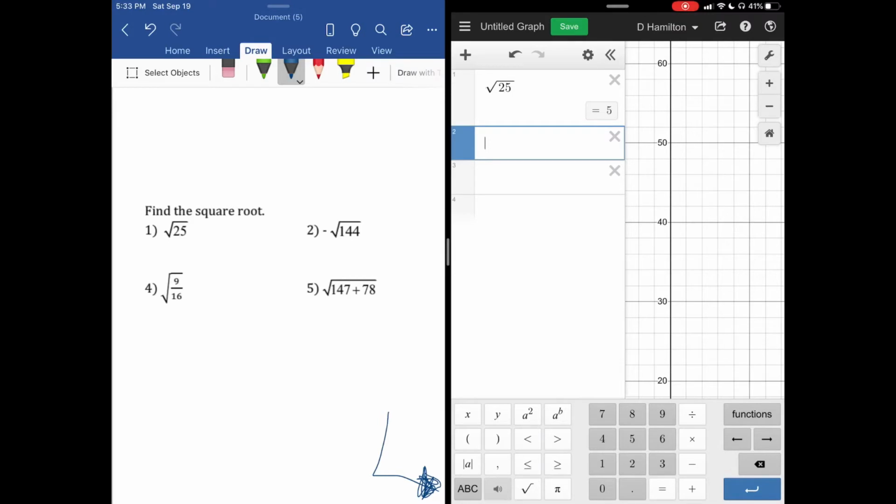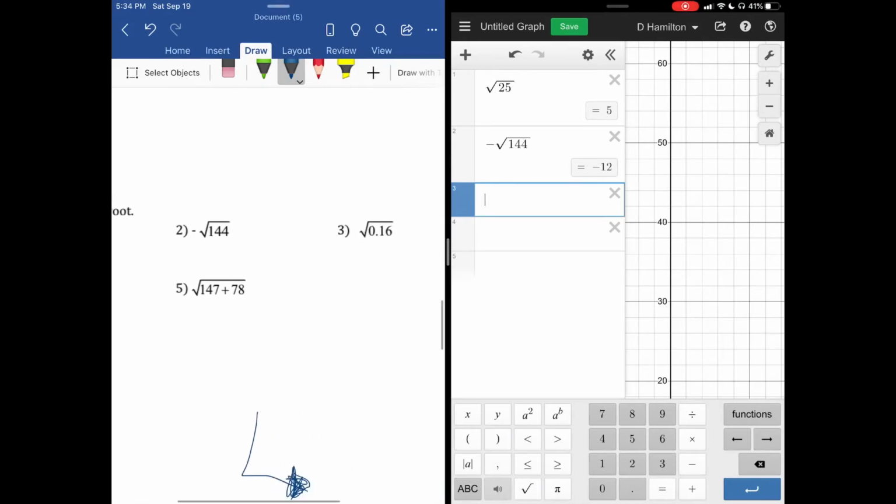And then you'll see right below, we've got our answer of 5. Number 2, take note that that negative is outside the radical. Otherwise, we wouldn't be able to evaluate that. If we have the square root of negative 144, we're looking at that result, and that is negative 12.